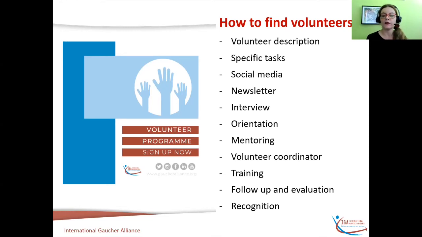So if we have a project for translation of the Gaucher booklet in different languages, there is a person who is leading that project. So when I find translators in different languages, volunteers who want to translate, these volunteers will meet up with this responsible person for that project, and he is responsible for them.